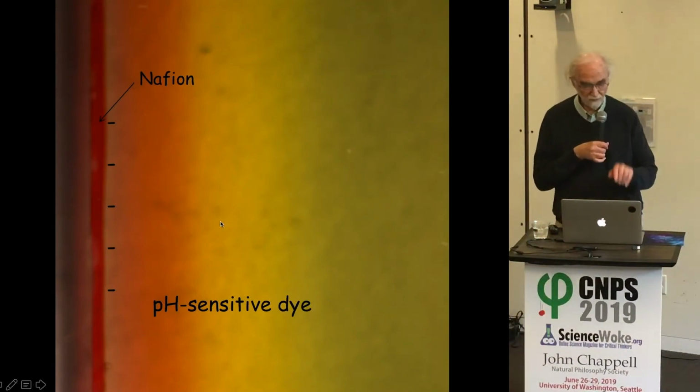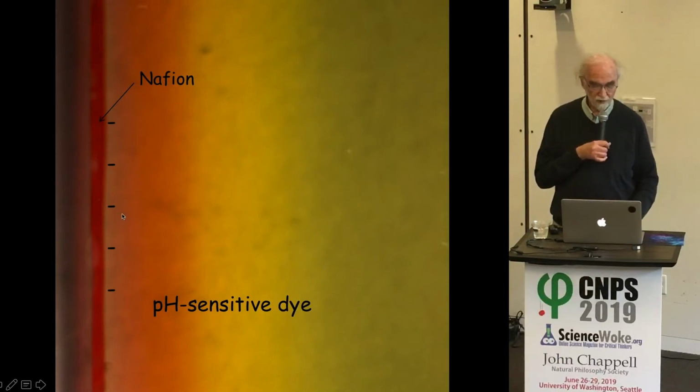This is a chamber, we're looking from up above. And we add to the water a pH-sensitive dye. We could have used any dye that we wanted that gets excluded, and it seems they almost all do. So we can see where the exclusion zone was. I'll come back to the different color distribution in a moment.